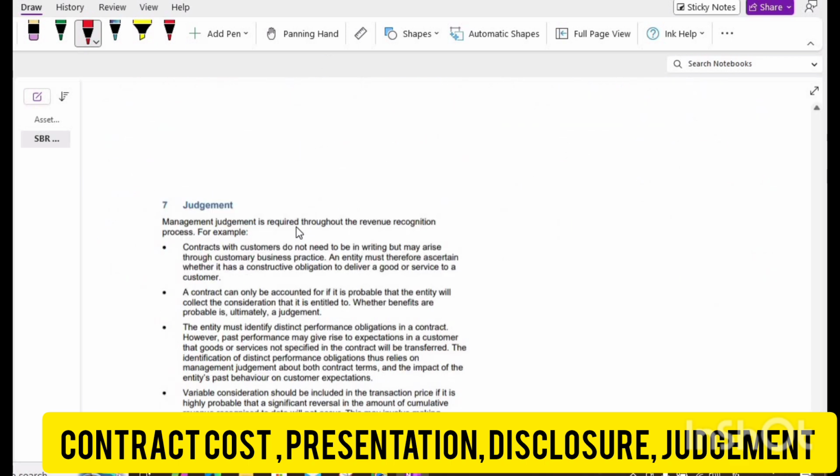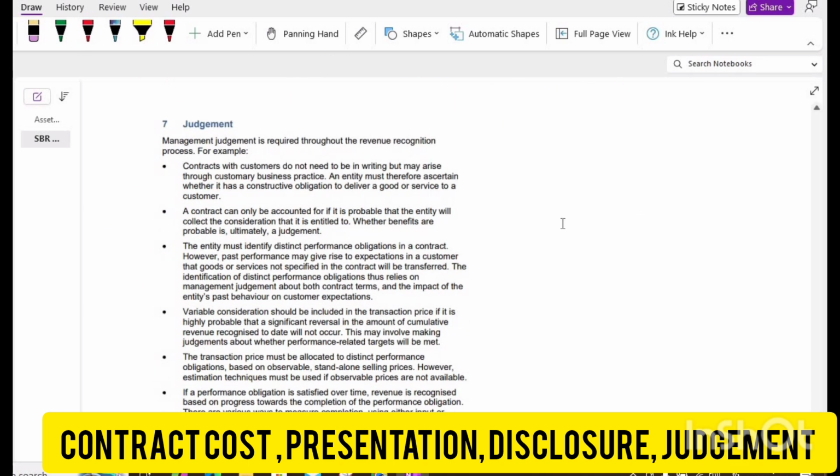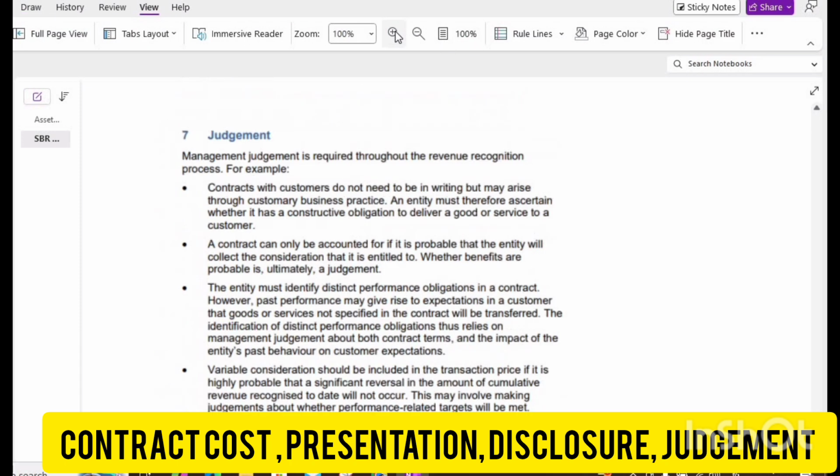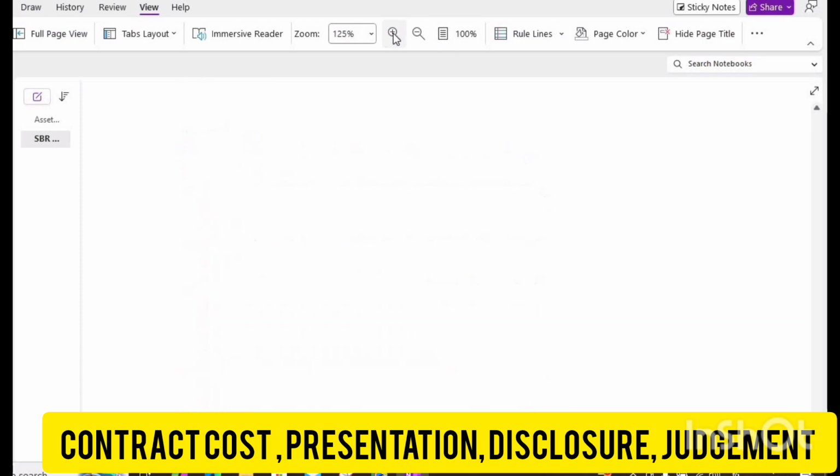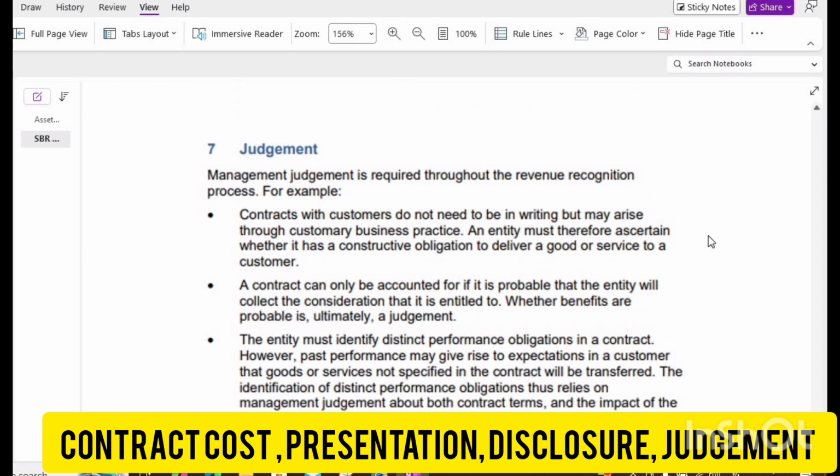We have another, and that is completely about the judgment. Okay, let me zoom in. Here, management judgment is required throughout the revenue recognition process.